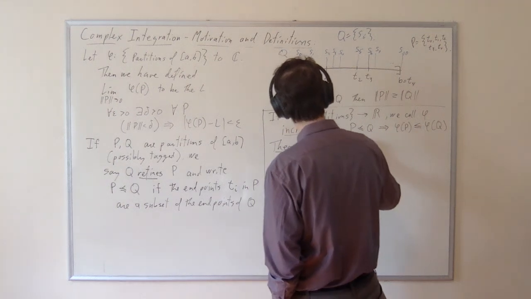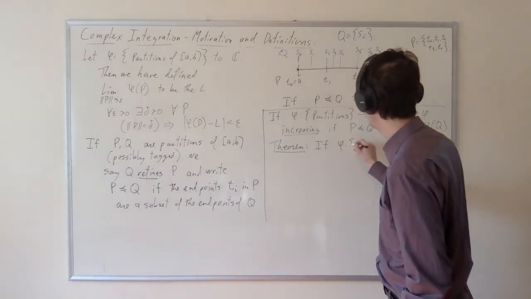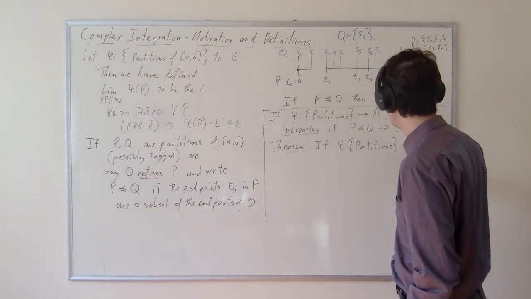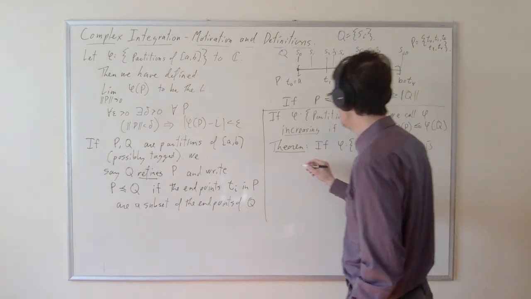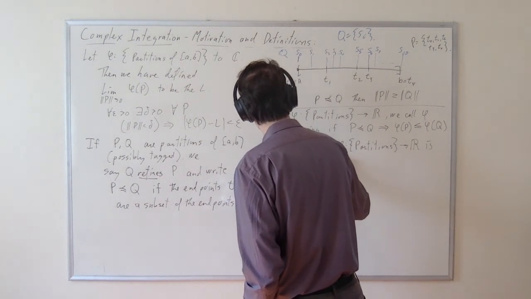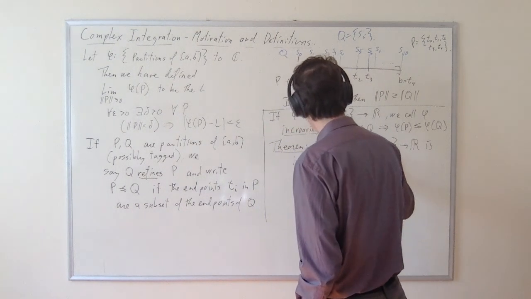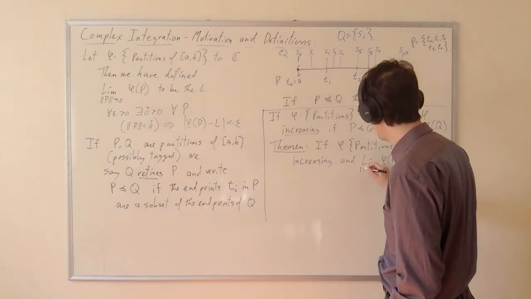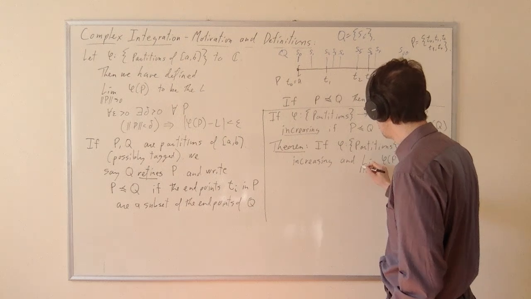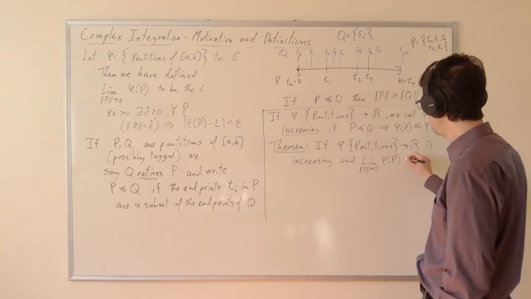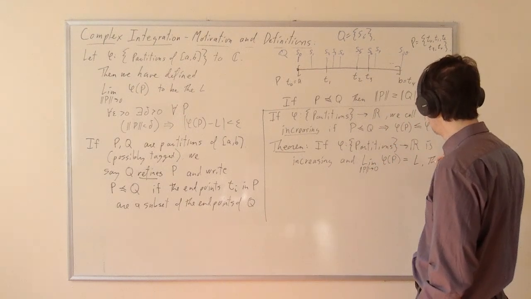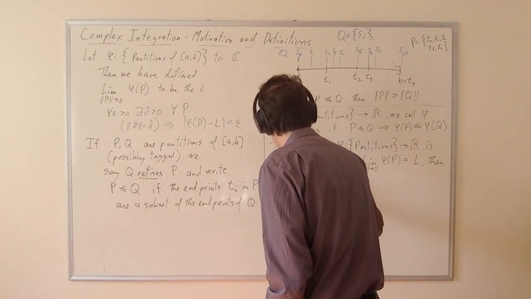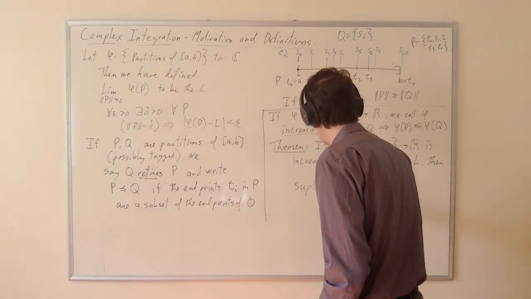If phi, the same phi, maps from partitions to reals, is increasing, and if the limit of phi of p, in the only sense we have, the limit as the partition norm approaches 0, is equal to L, then furthermore the supremum of phi of p is equal to L.